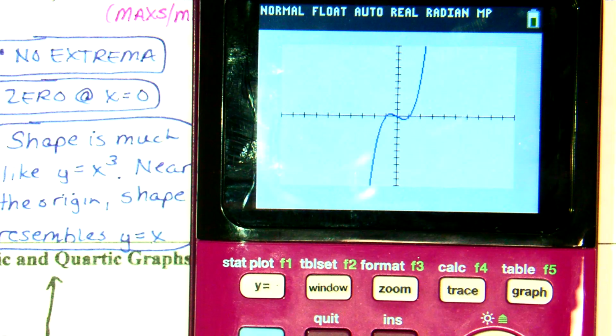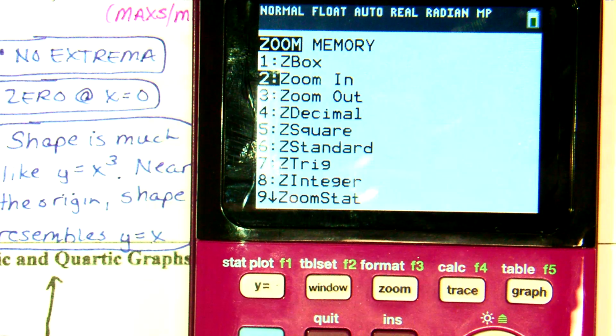It kind of zigzags back at the origin. If I zoom in, I go to Zoom number 2, and I hit enter, that shows you a closer up view of what's going on. So notice, it's going up, but it has that brief decreasing moment, and then it goes back up, doesn't it? So the idea is it goes up, cuts through there, cuts back down, and cuts back up, looking something like this.